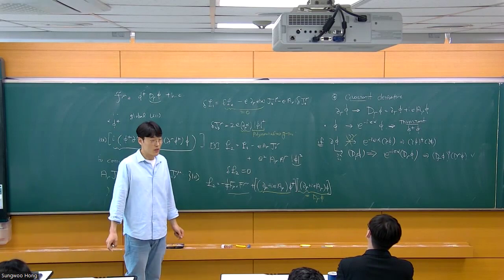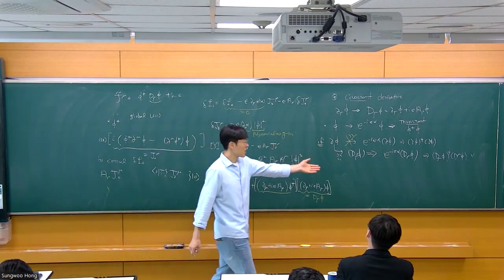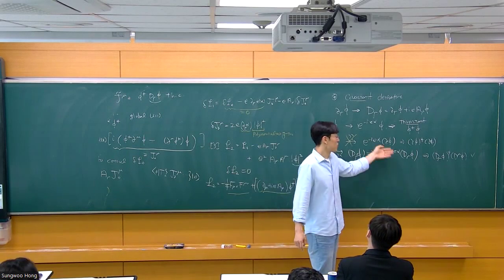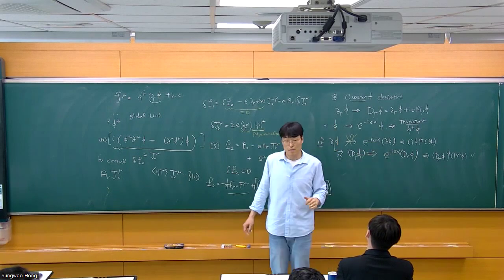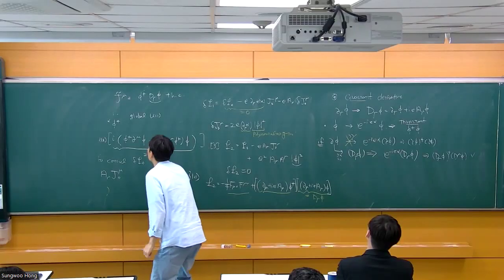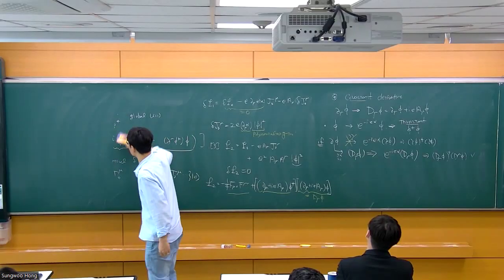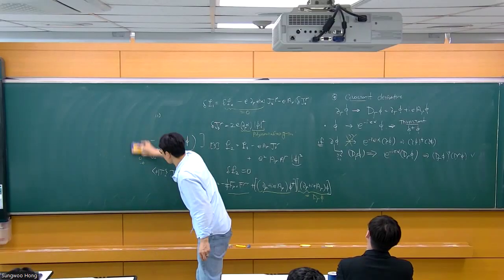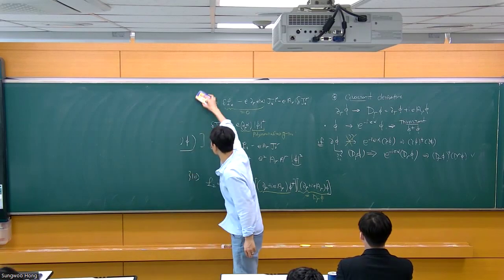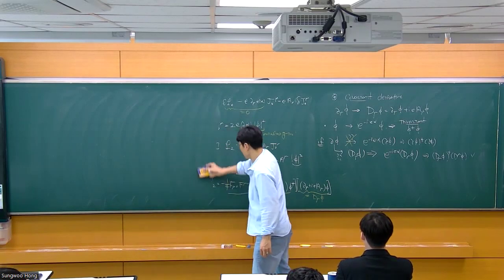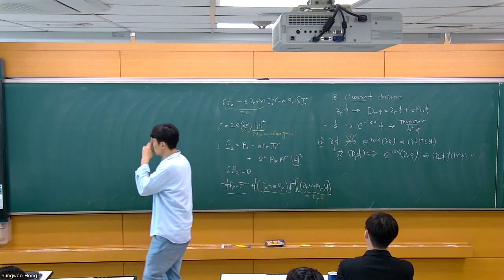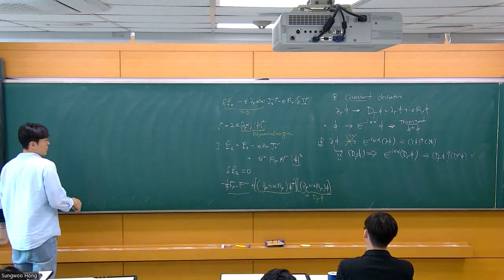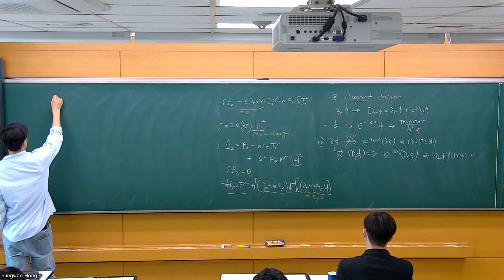Okay, any other question before I construct the covariant derivative from this perspective? Okay, let's do it. The derivation is now pretty clear. How do I set it up?